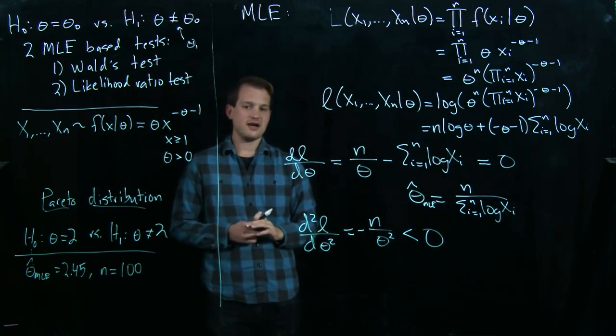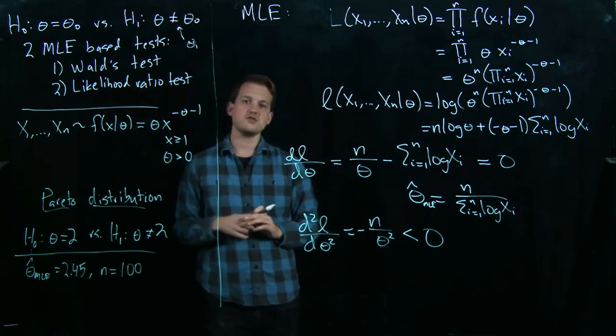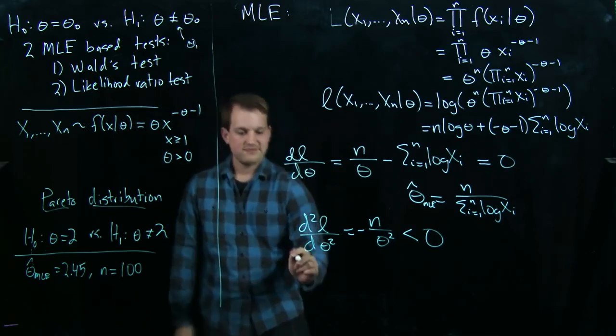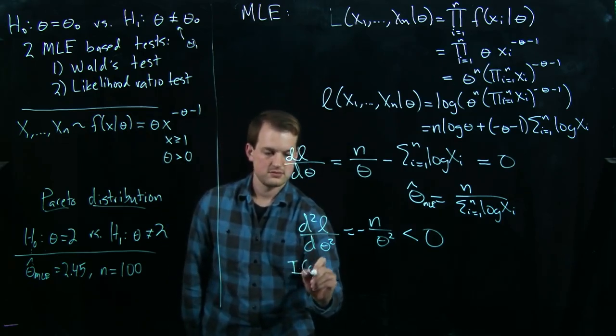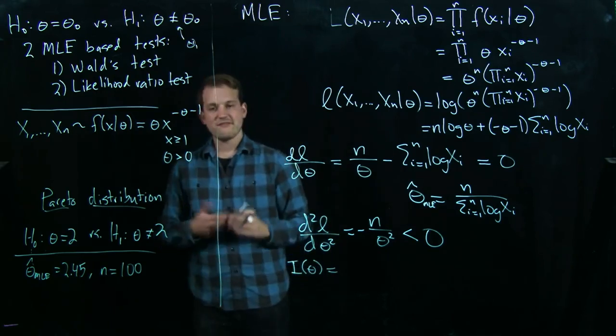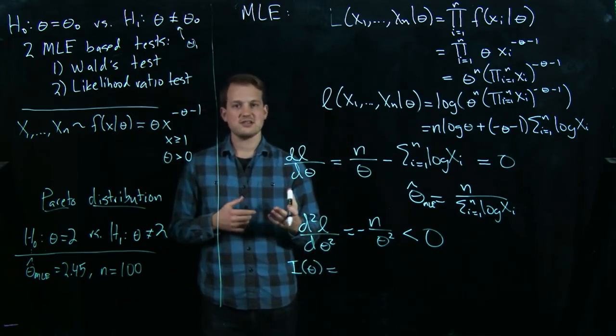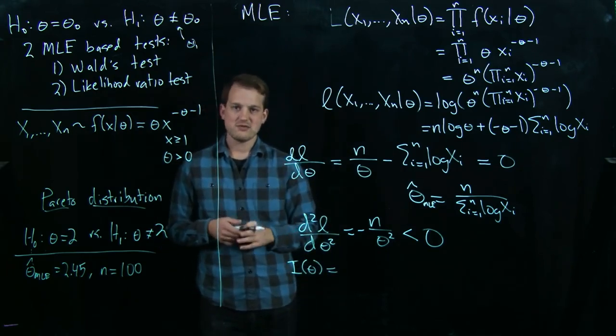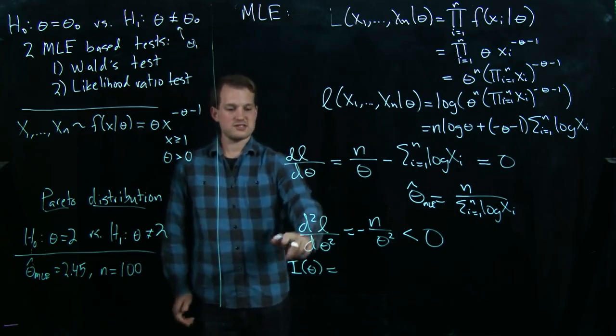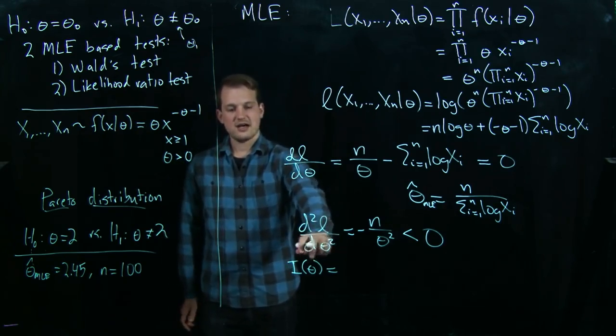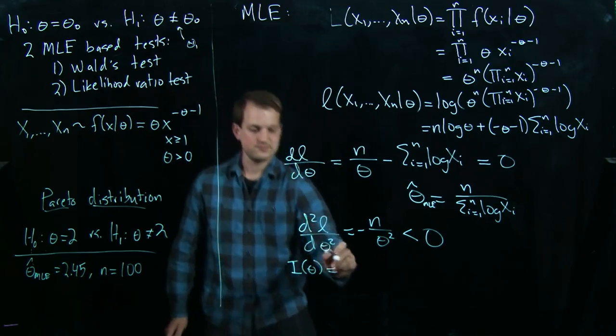Now finally, we also need the Fisher information to do Wald's test. So what is the Fisher information? Remember that the Fisher information is the expectation of the minus second derivative of the log likelihood, right? So it's the expectation of the minus this.